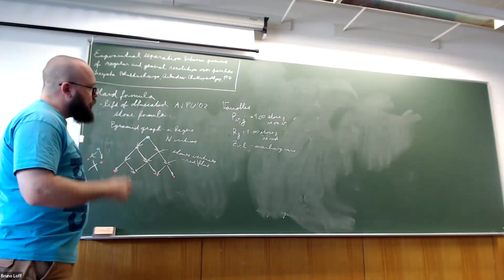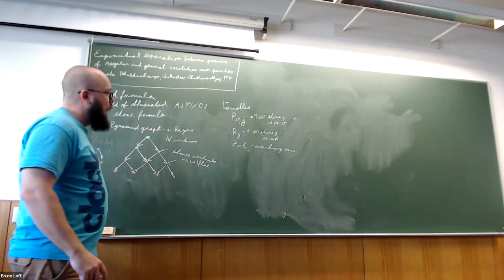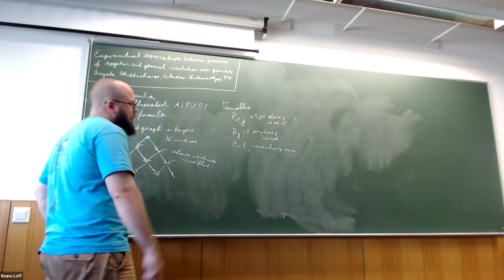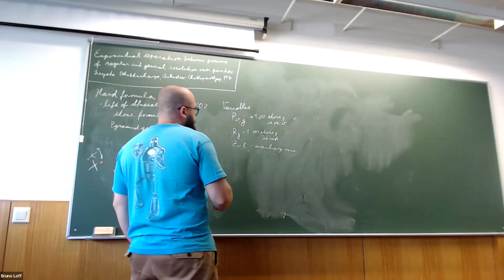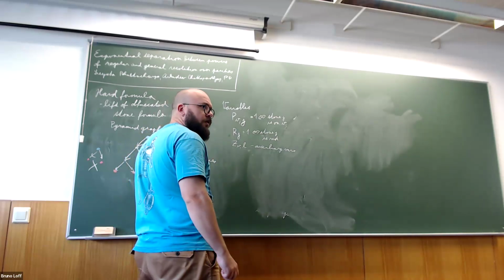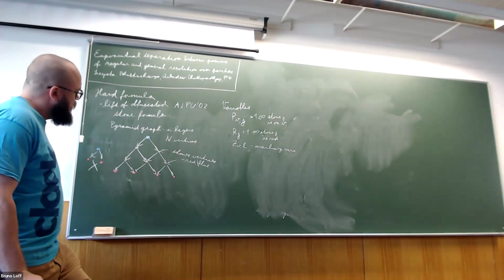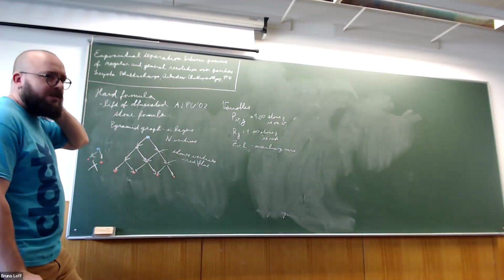So these are the variables used. It's some index, you will see. These are the variables, and the clauses encode the rest. I will talk about the clauses as well.